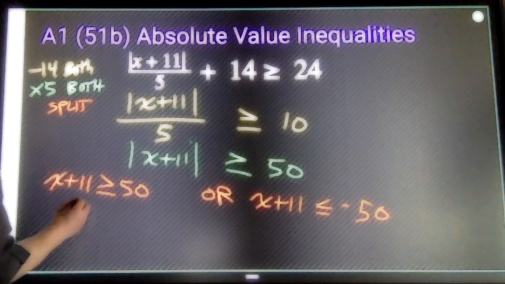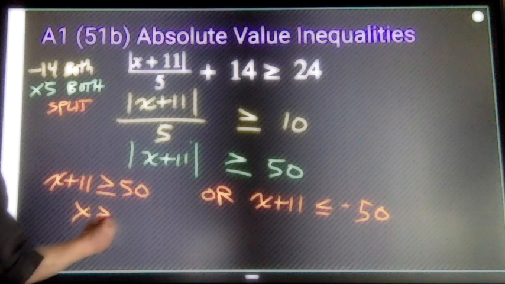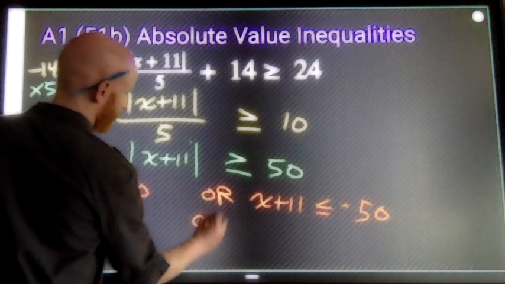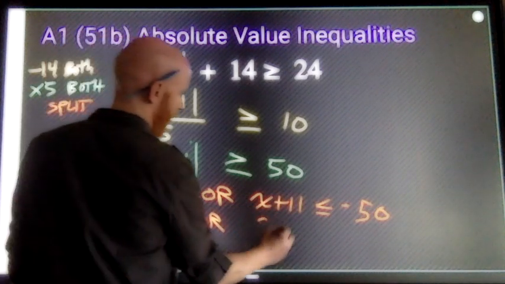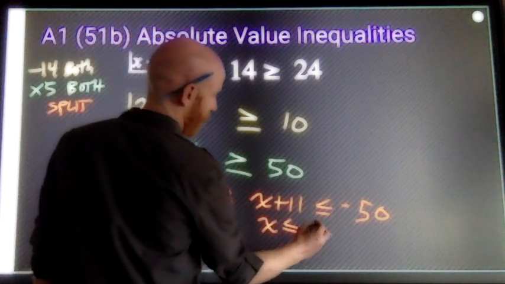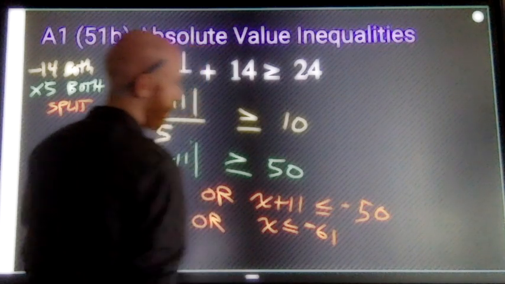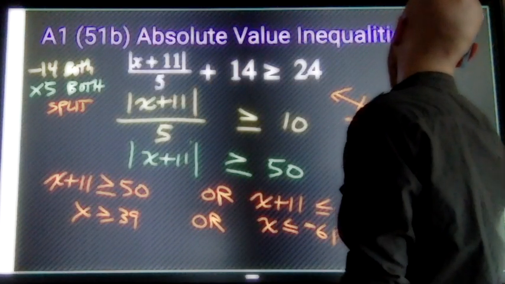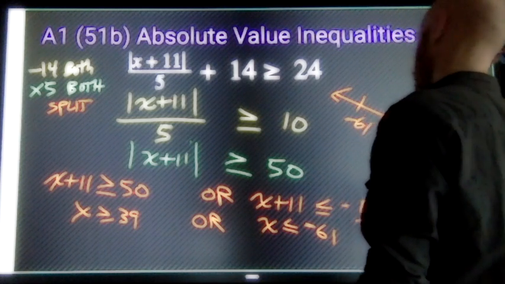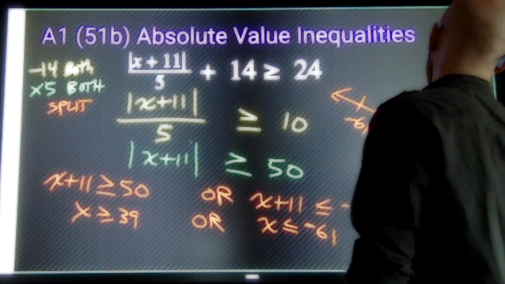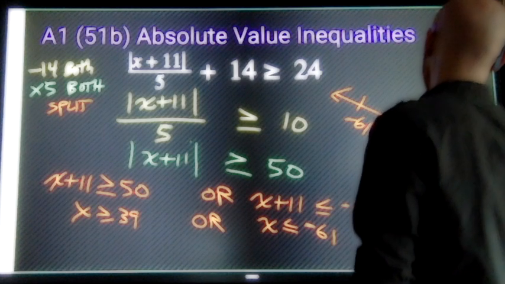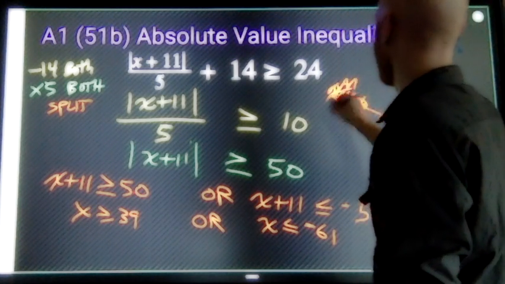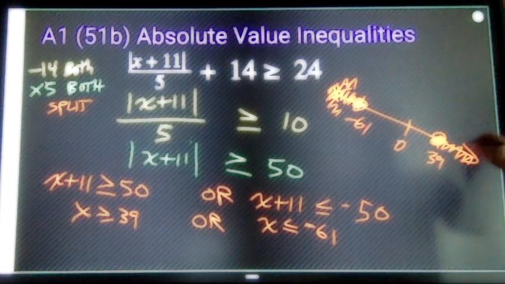Subtract 11 from both sides. X can be bigger than 39, or subtract 11. X can be smaller than negative 61.